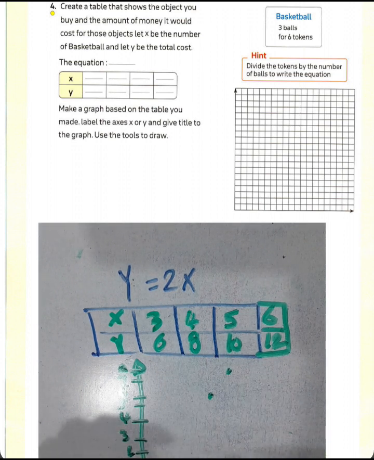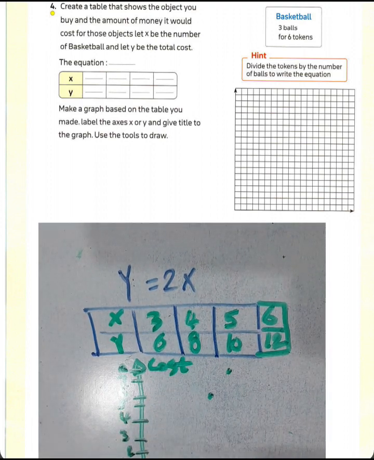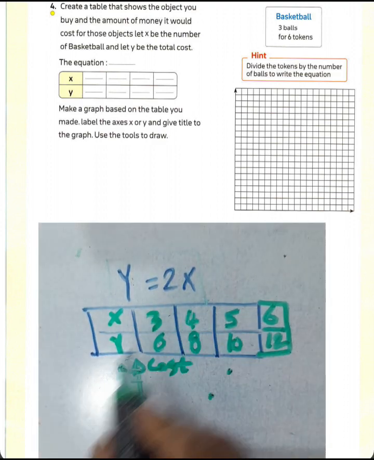You want to make the graph based on the table you made. Label the x-axis and y-axis and give the graph a title. Y equals 2x, and we can write y as the cost and x as the number of things, n, with the cost values 1 2 3 4 for this equation.